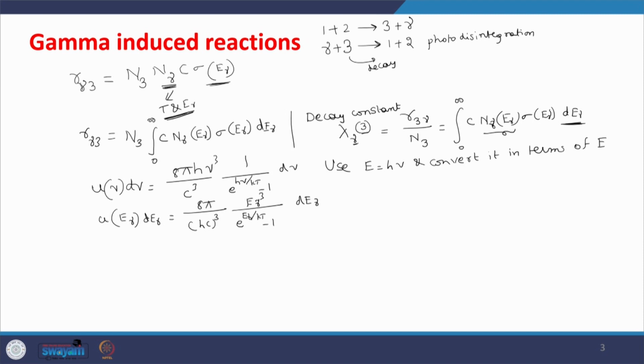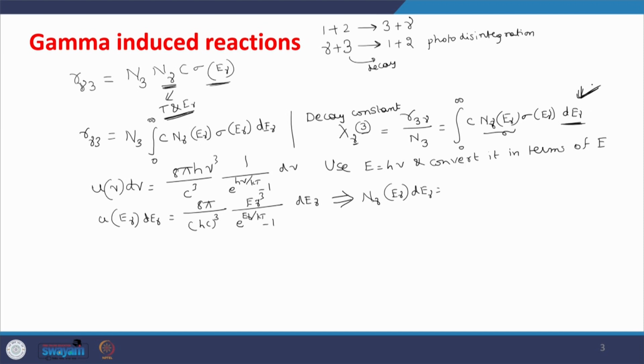Okay. And from this, the number of gamma rays having energy between E gamma and E gamma plus dE gamma can be written as, see, this is what I am looking for from this expression, right.